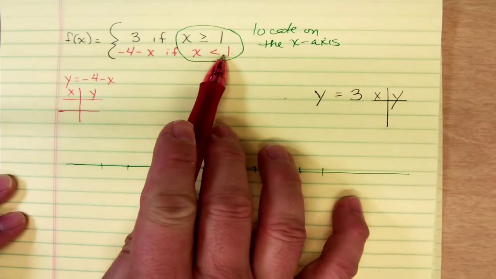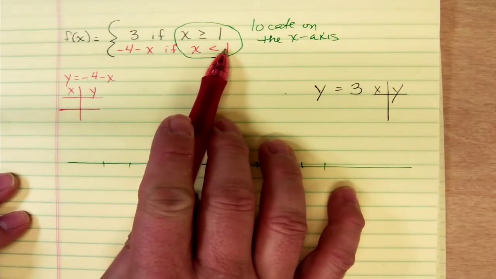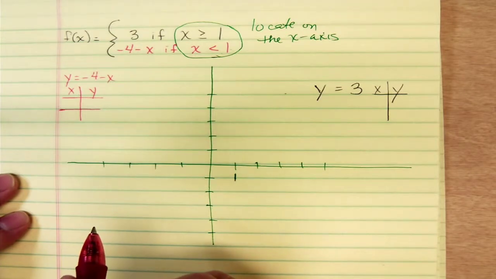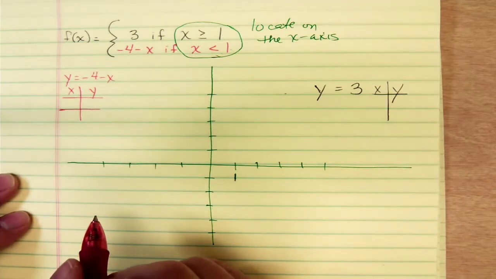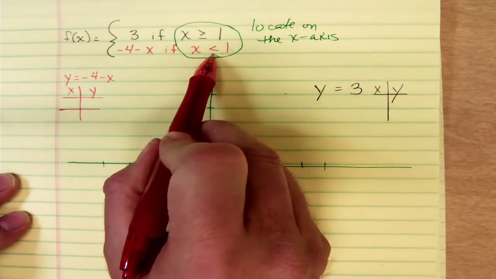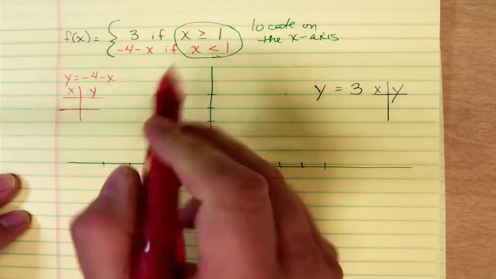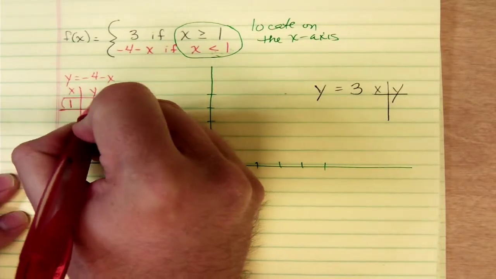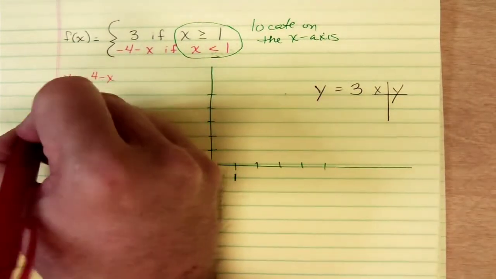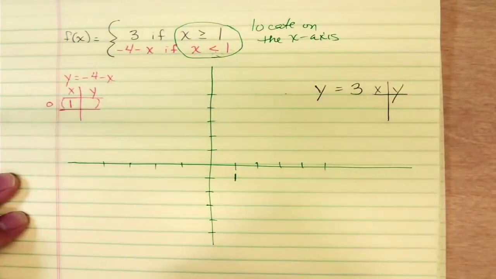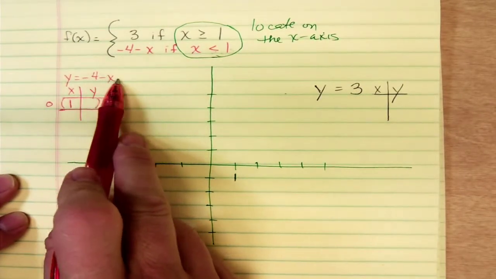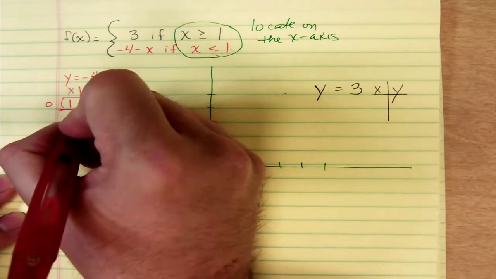And remember, just like with solving inequalities using cut points, at a cut point there's got to be either an open or a closed circle, depending on the symbol. So I'm going to start off by plugging the number 1 in, and since it's a cut point, I'll have to put an open circle at this point. If I plug a 1 in here, negative 4 minus 1, negative 5.